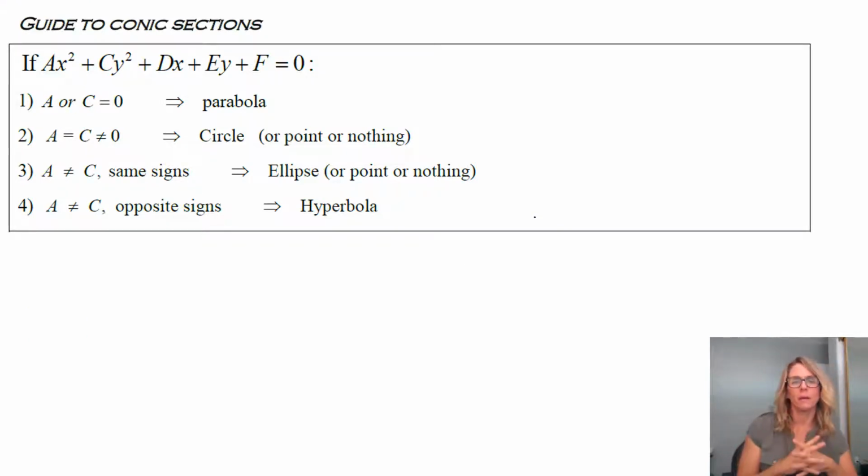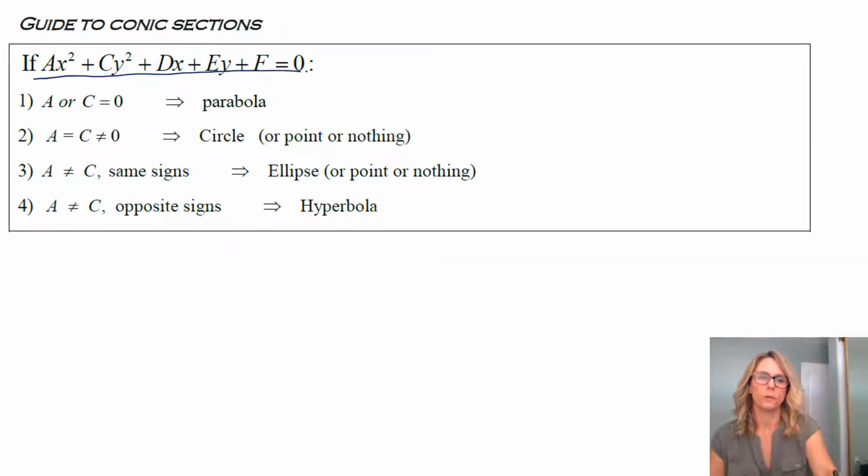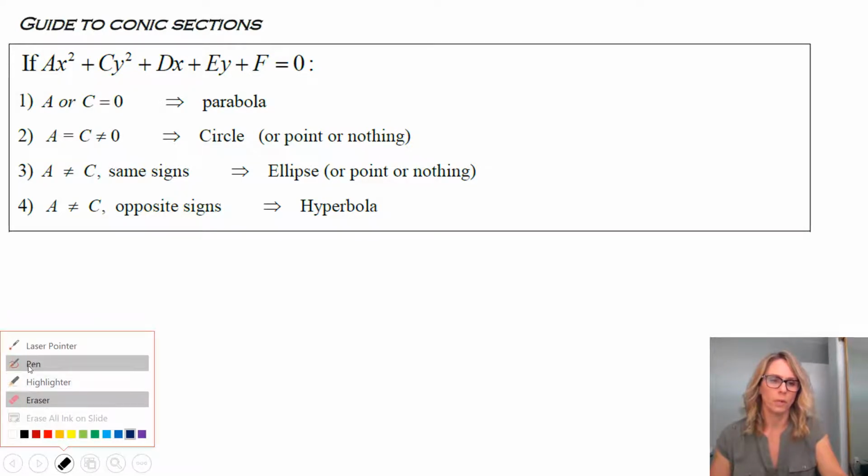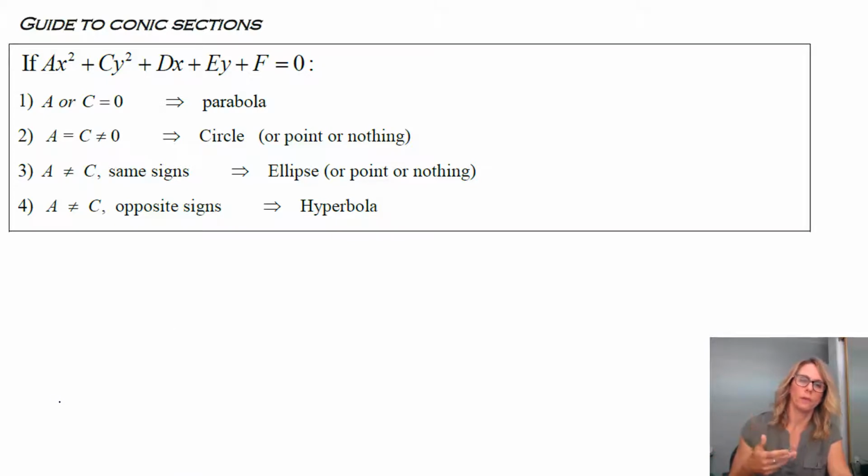So in thinking about the guide to conic sections, this is a good reference to think about if you have a general equation. So for example, this is just general. Notice each piece has a squared piece, and then each of them has a linear piece, and then you have a constant as well. Depending on what the coefficients are of those terms and what the constant is, that will help you figure out what situation you have.